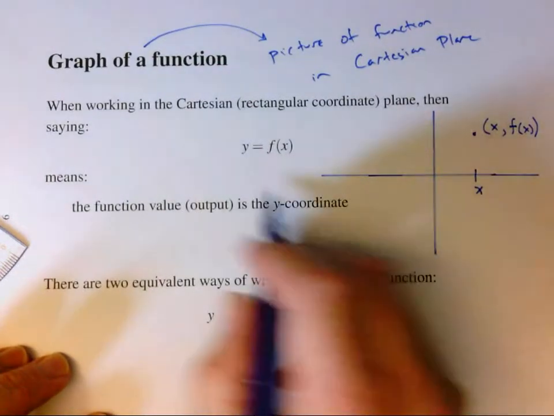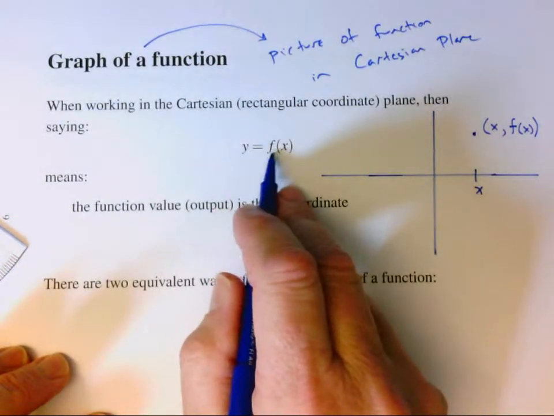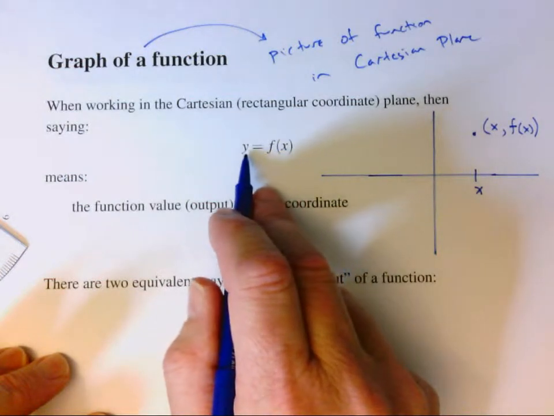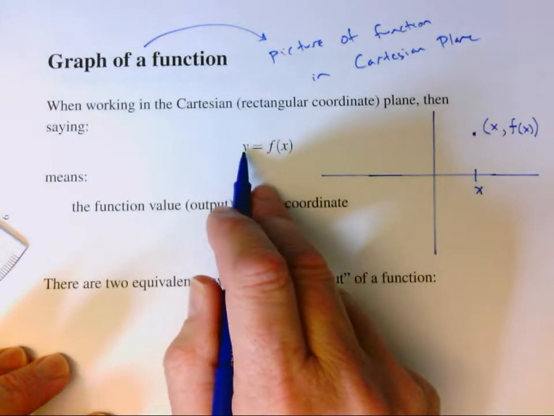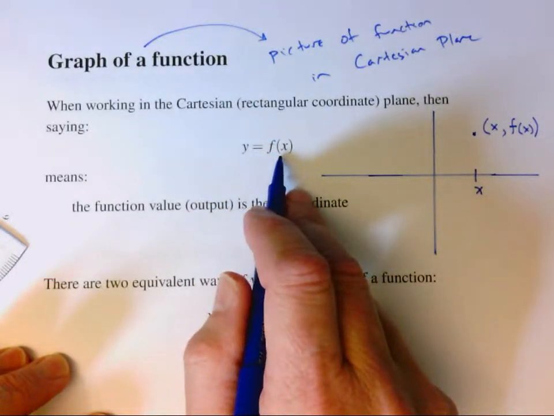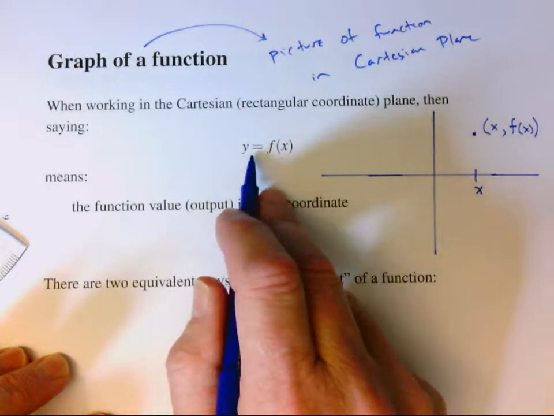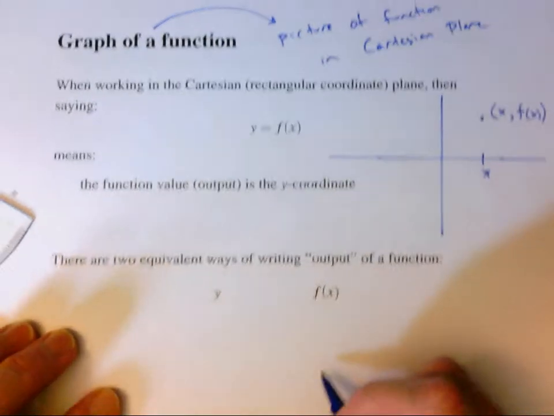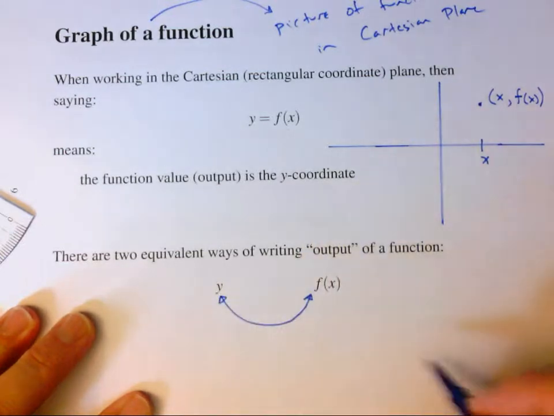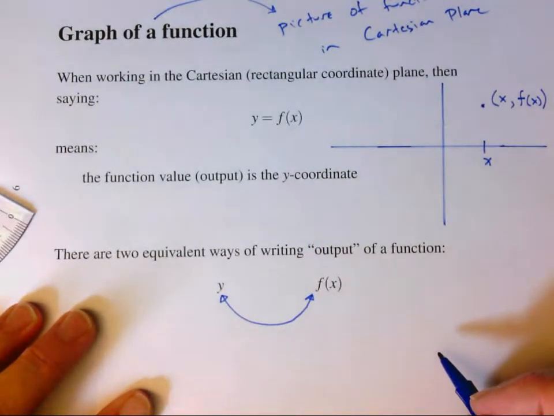So that's why we often say y equals f of x. That's really defining the graph of the function. These are two different ways of saying the output of the function. If you're defining the function that way, both of those mean output.